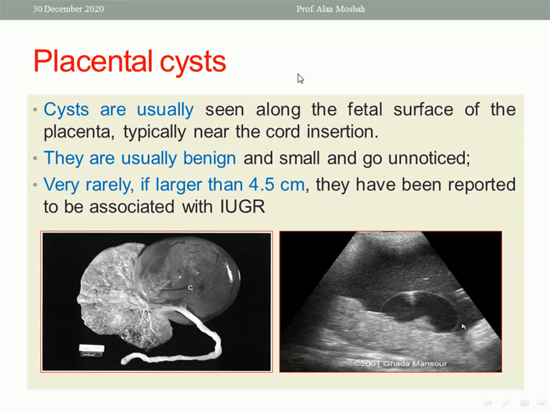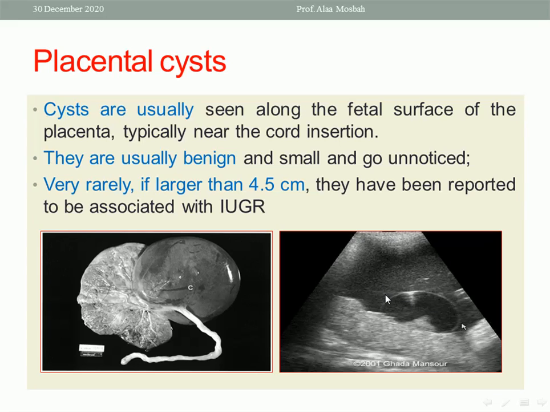Placental cyst is another abnormality that may be discovered in the placenta, especially on the fetal surface near the insertion of the umbilical cord, as you see here in the picture. This is the placental cyst, and this is how it looks by ultrasound. This is the placenta, and this is the placental cyst.